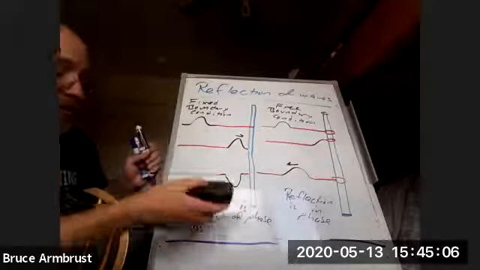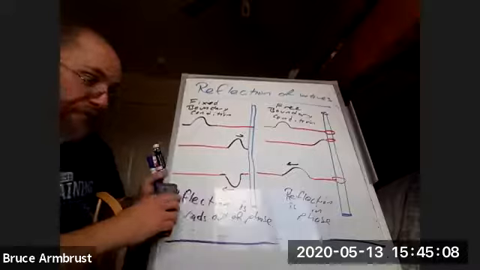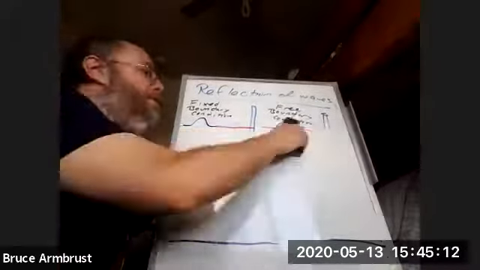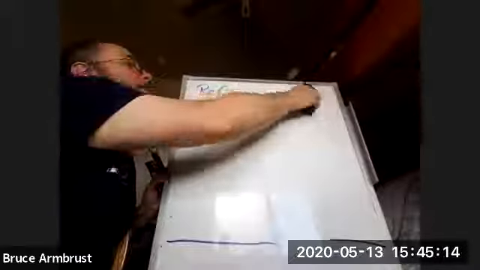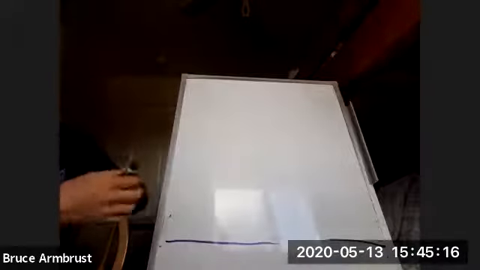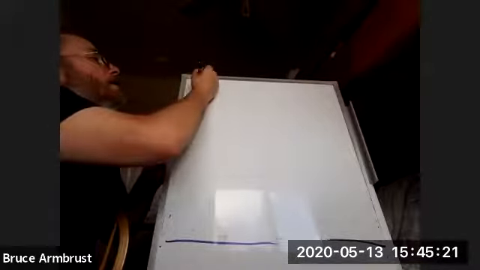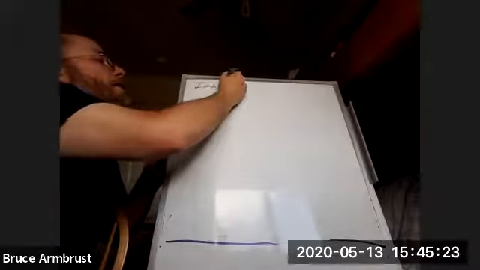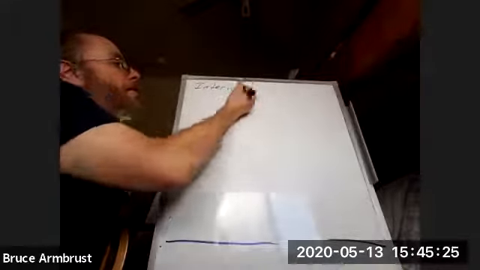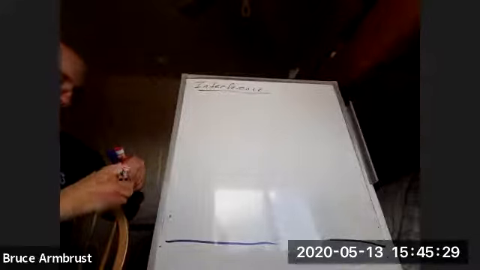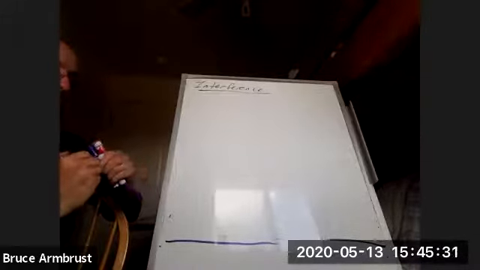All right, so that's what happens with reflection. Now, another thing that we need to talk about when it comes to waves coming together is what we call interference. Now interference, I know, usually means something bad.